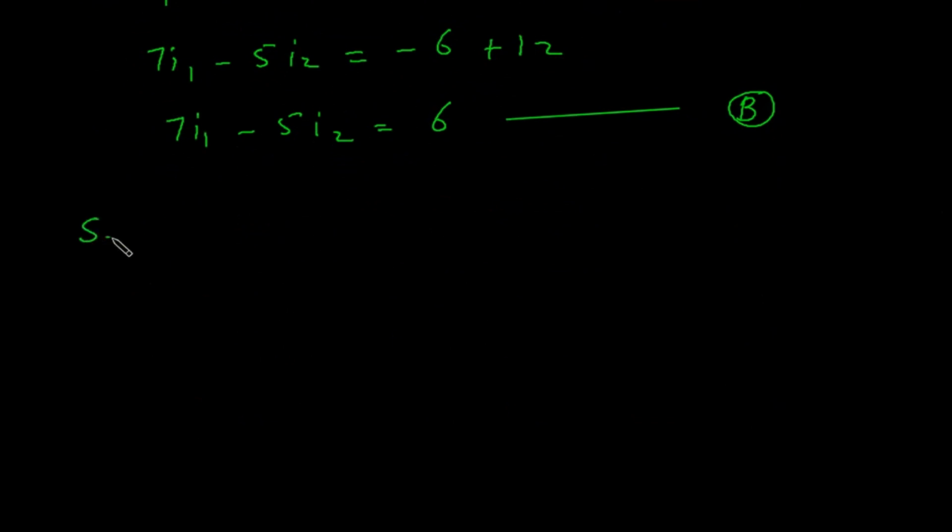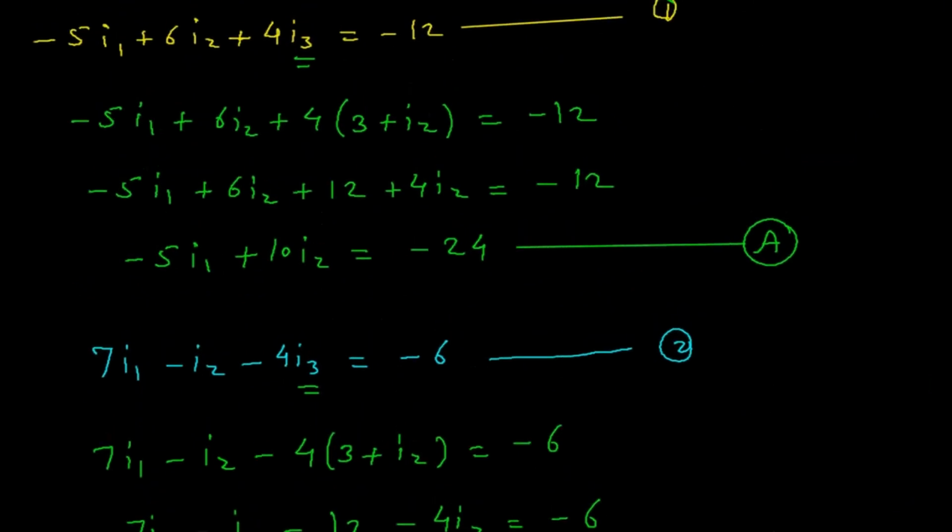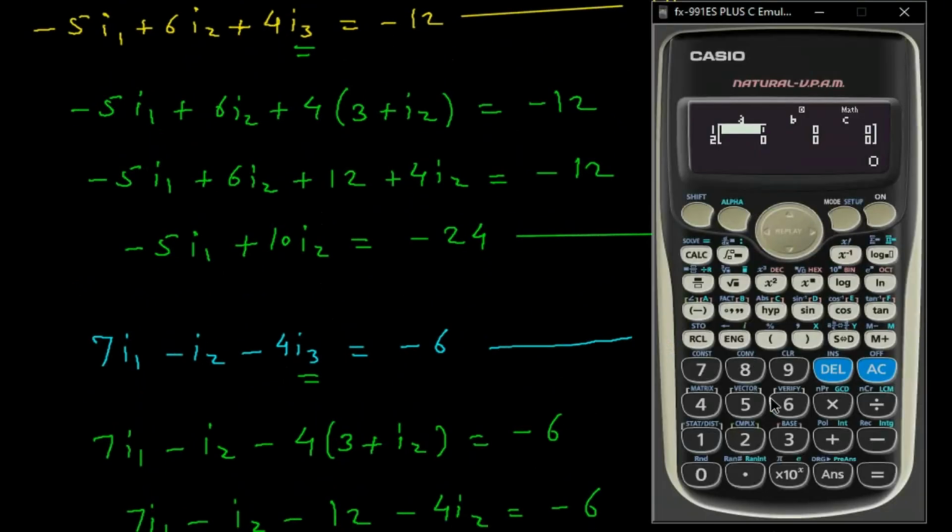So, solving equations A and B, we can solve these equations directly in the calculator. Equation A: minus 5, 10, minus 24.